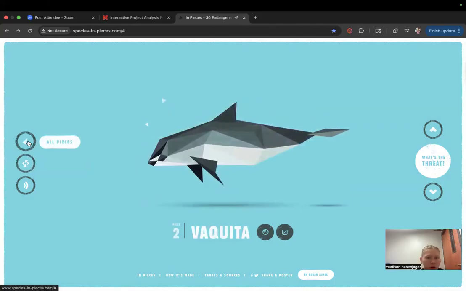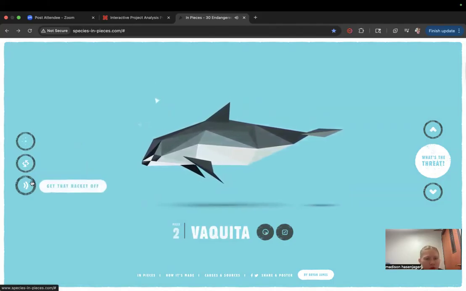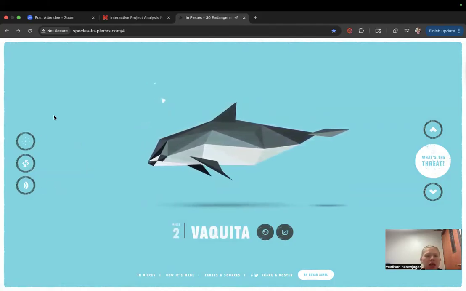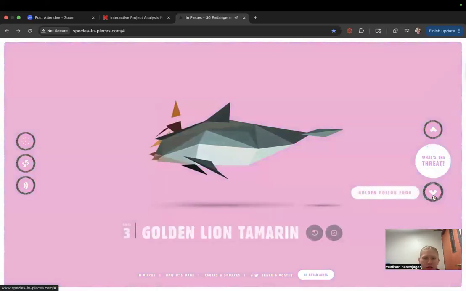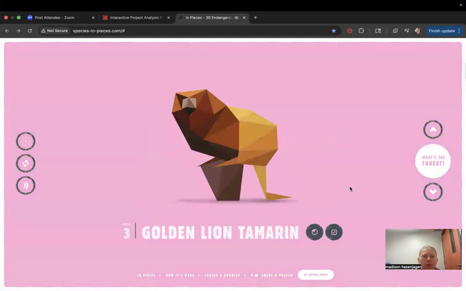When you hover over certain things, you can get more information. As you can see, they also did many visual designs represented through illustrations, which makes the website more visually appealing. Some of this also represents the vulnerability of these animals in a way that's easy to understand.